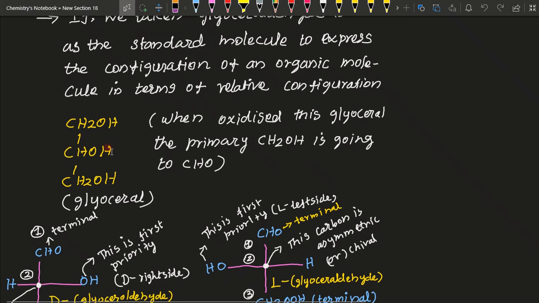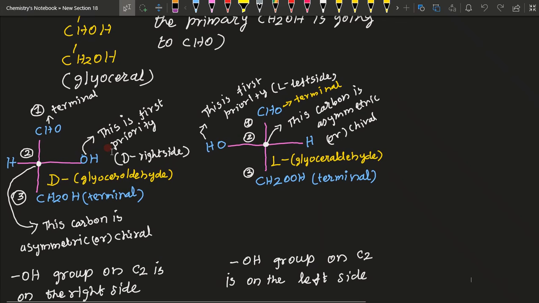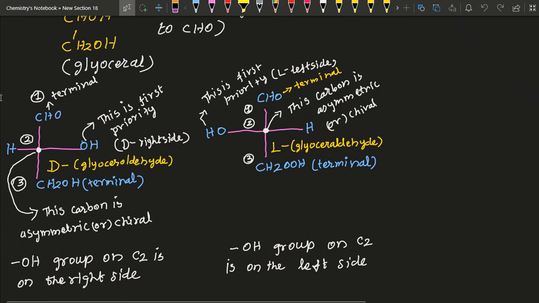See below. This carbon is terminal, this is also a terminal carbon. The center carbon is an asymmetric or chiral carbon. Okay, it is optically active.